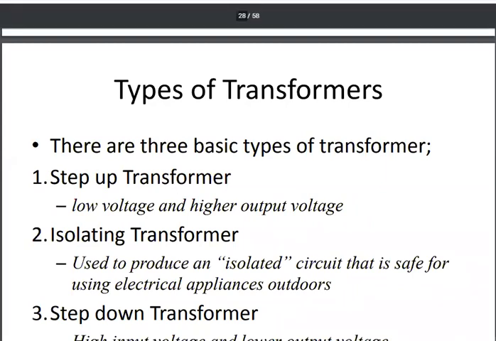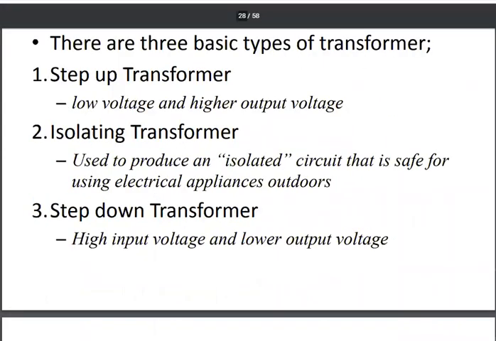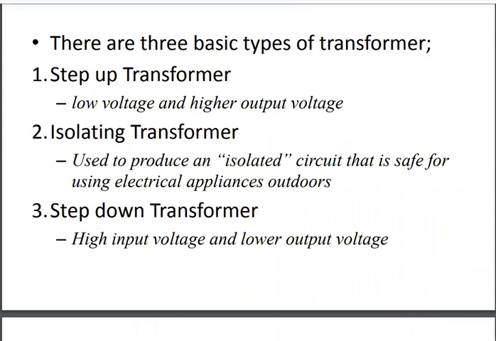The second one is the isolating transformer. What is the function of this transformer? Try to understand. This type of transformer is used to produce an isolated circuit, which is safe for using electrical appliances outdoors.